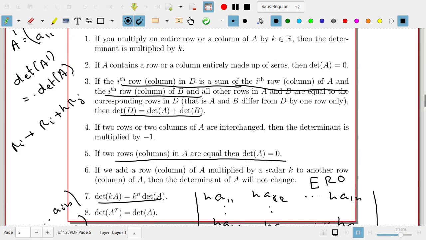If one row is multiplied by k, by part 1, the determinant is multiplied by k to the 1. So if n rows are multiplied by k, then the determinant is multiplied by k to the n. So that's exactly what the theorem is saying.